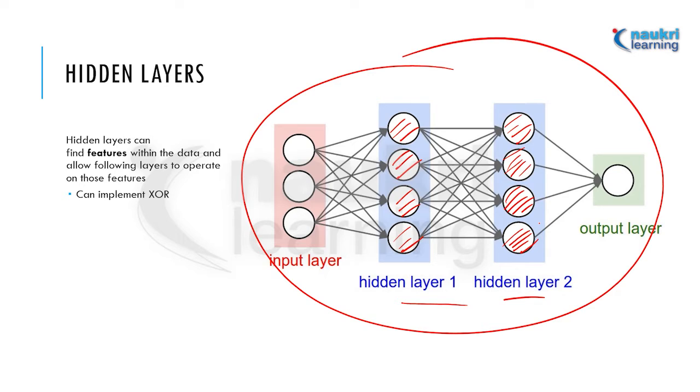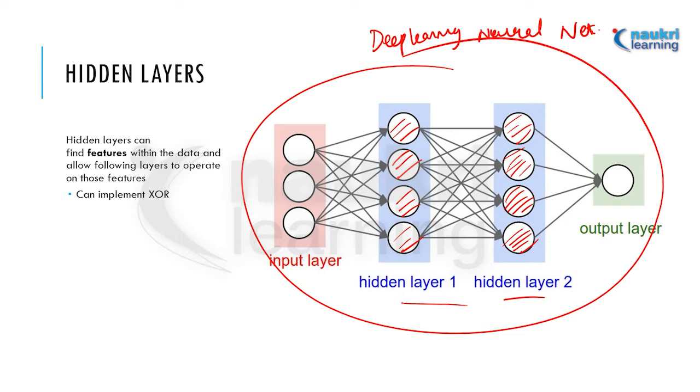Because of this, I'm able to understand complex representations for given data, and that's one of the advantages of the multi-layer perceptron architecture, which is also called a deep learning neural network.